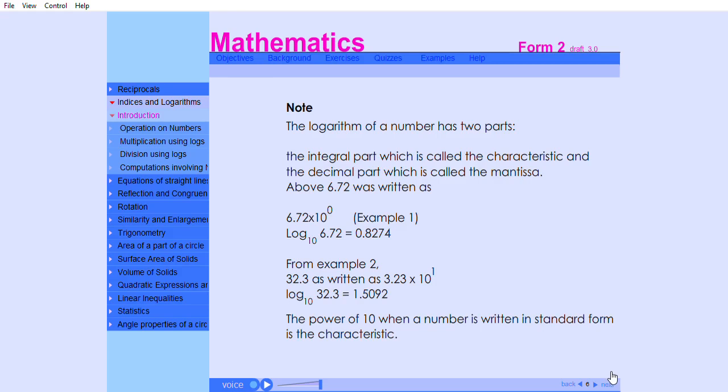From the example 2, 32.3 is written as 3.23 multiplied by 10 to the power of 1. Log 32.3 is equal to 1.5092. Note that the power of 10 when a number is written in standard form is the characteristic.